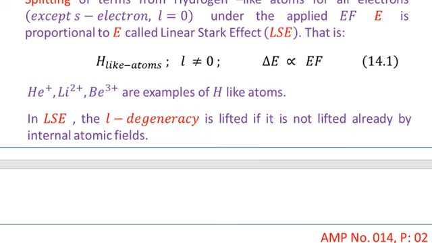And when we apply an external electric field, this will superimpose on the previous lifting of L degeneracy, which we shall see.